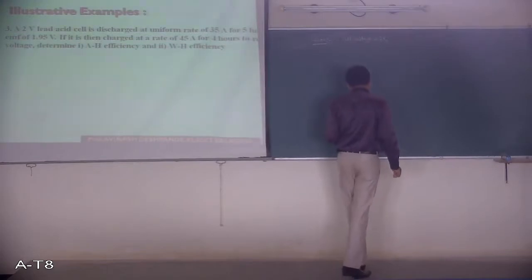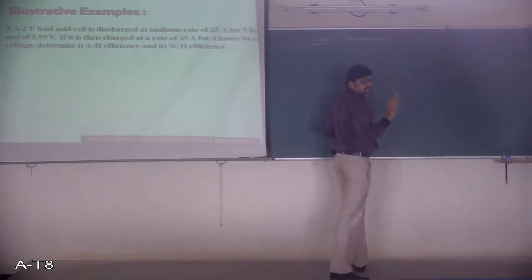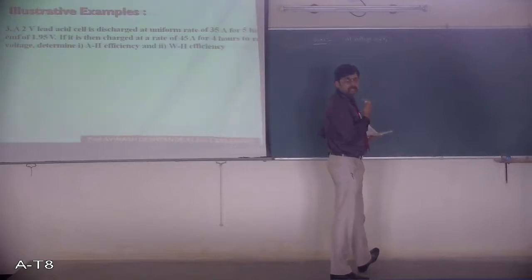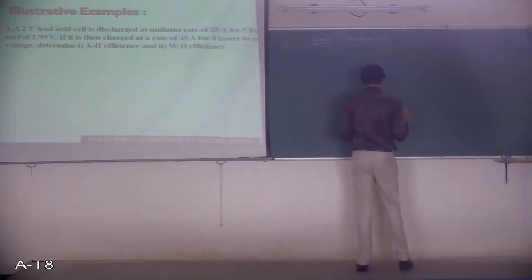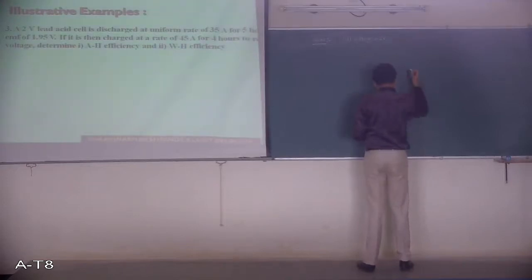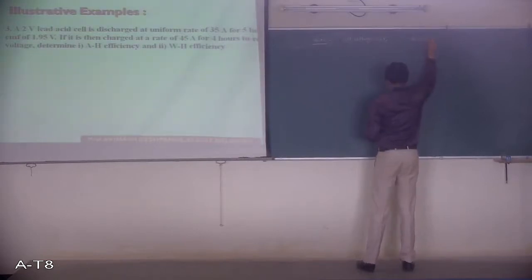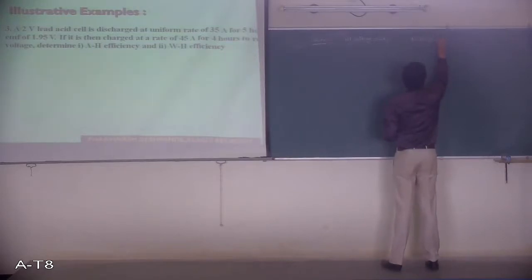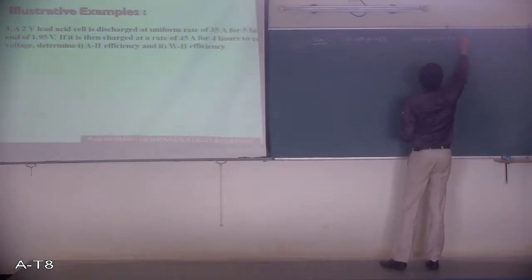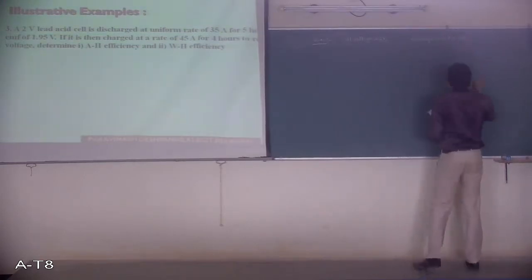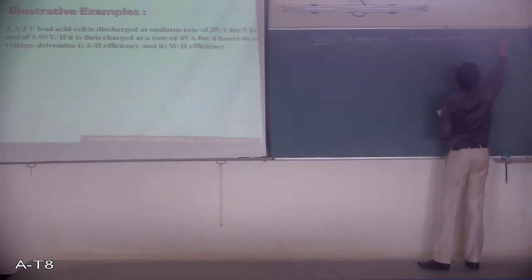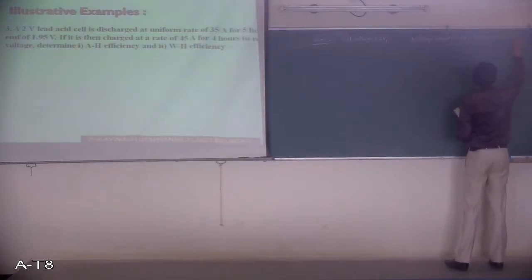Look at the charging and discharging rate. That is very important as far as calculating the ampere hour efficiency and watt hour efficiency. Discharge current is around 35 amperes, and discharge time is 5 hours.